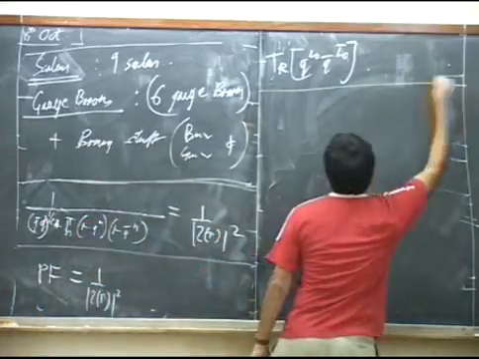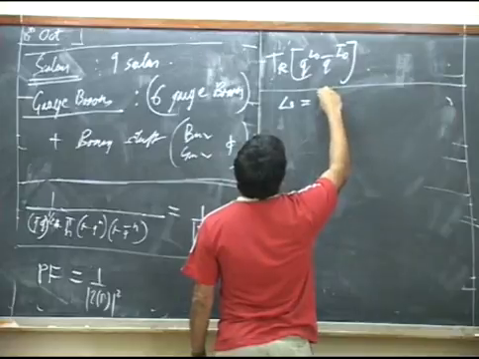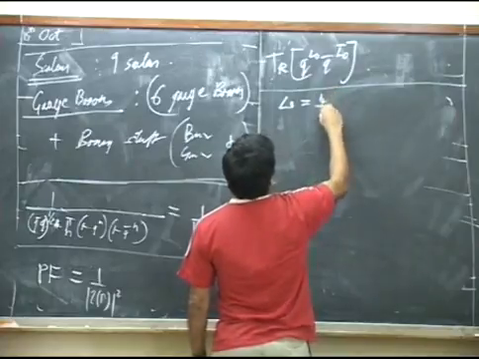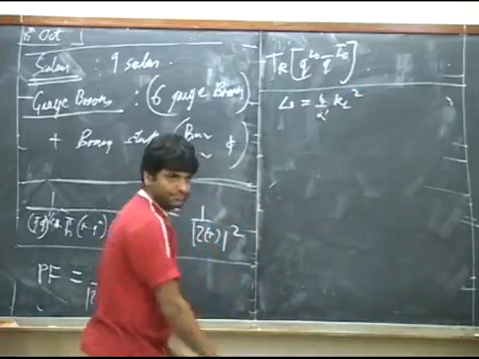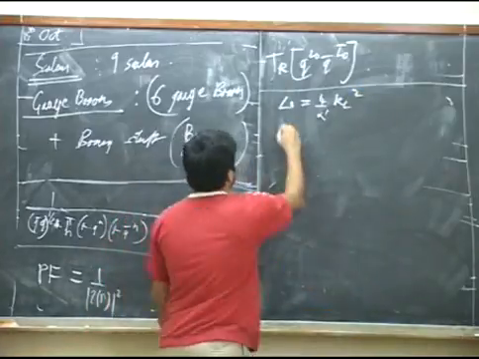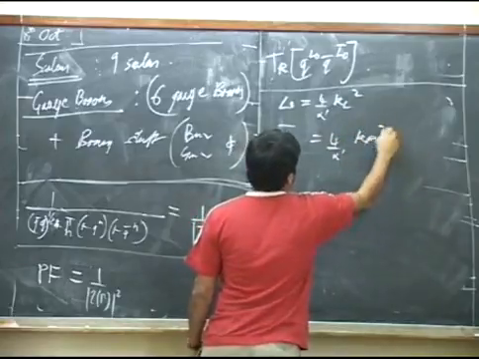Now, L0 is simply equal to alpha prime over 4 times kL squared, the contribution of zero modes, and L0 bar is alpha prime over 4 times kR squared.